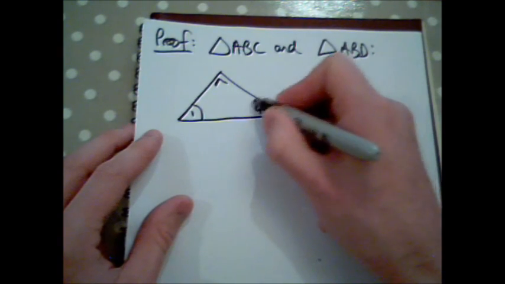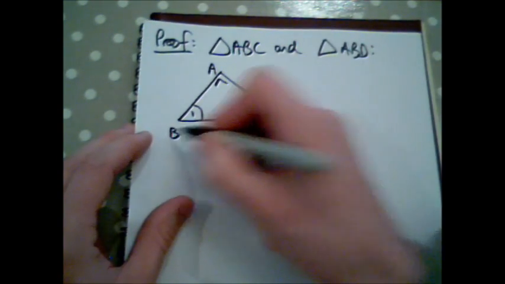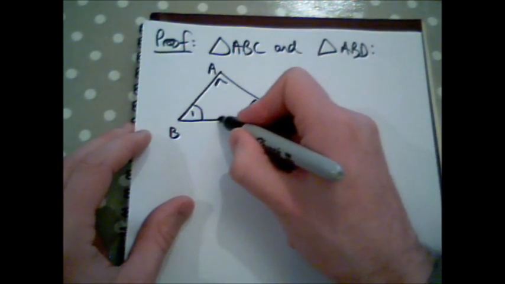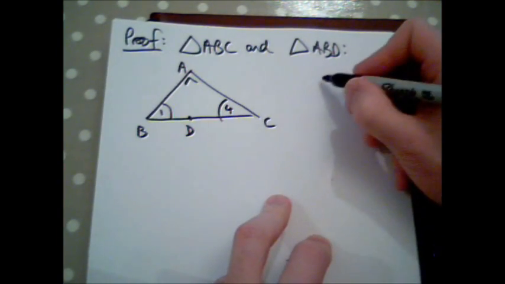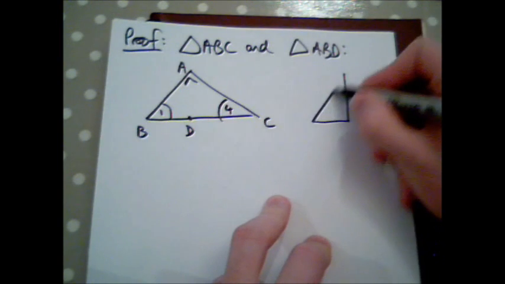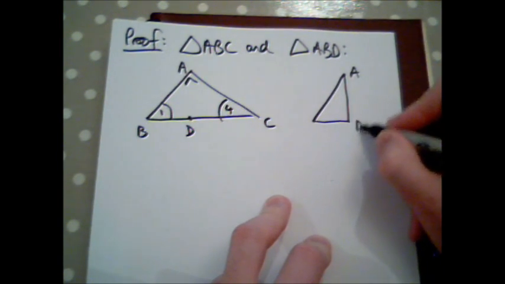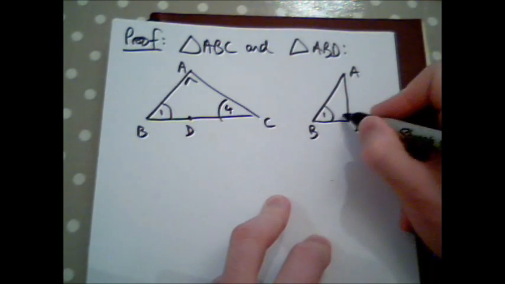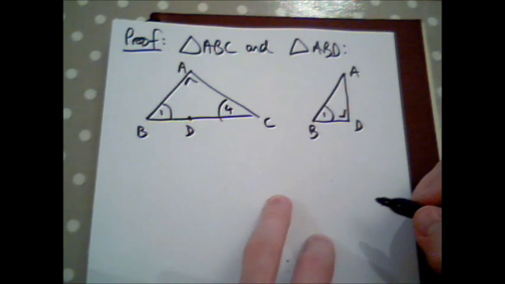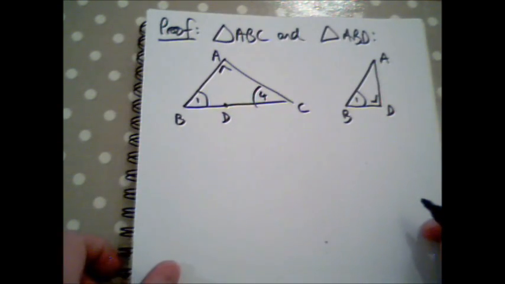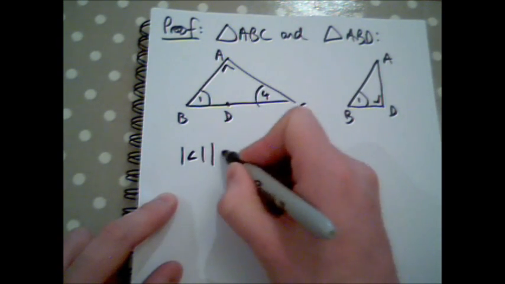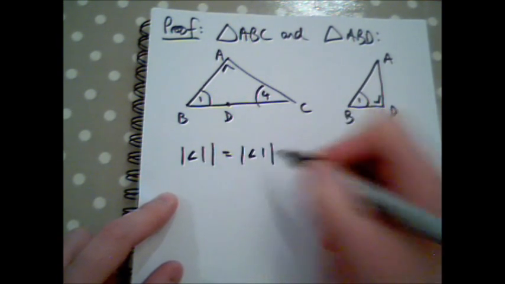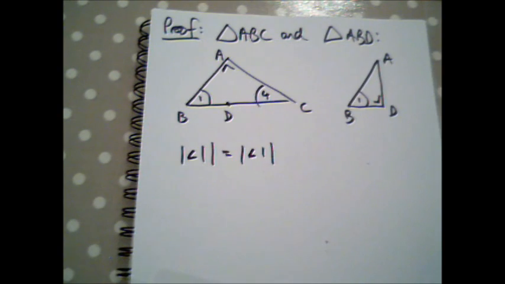It's got the angle 4 there. And just so we remind ourselves, it's got that point D on it. And then over here, we've got ABD. It's got the angle 1 there, and it's got a right angle there. So the angle 1 equals the angle 1, because it's common. It's in both of them.